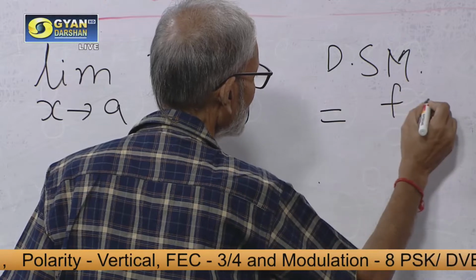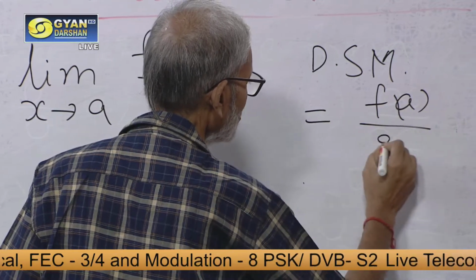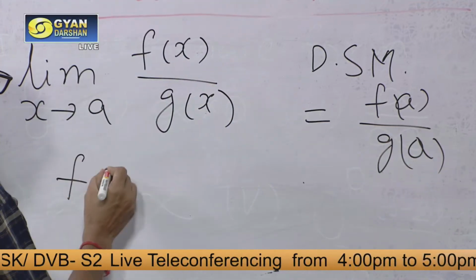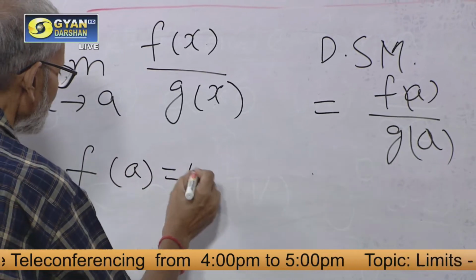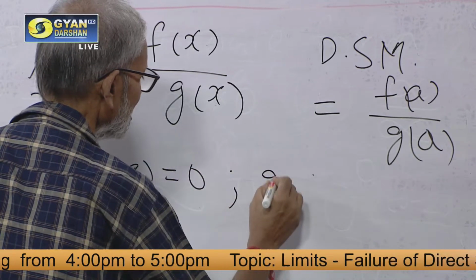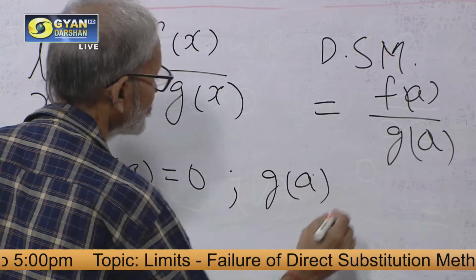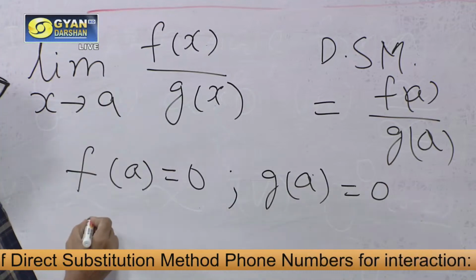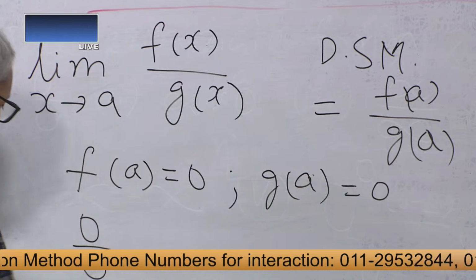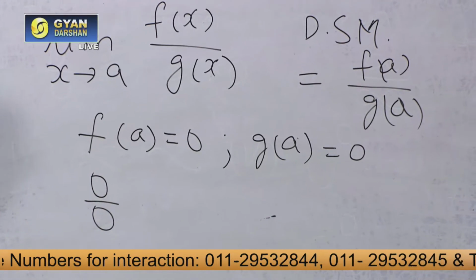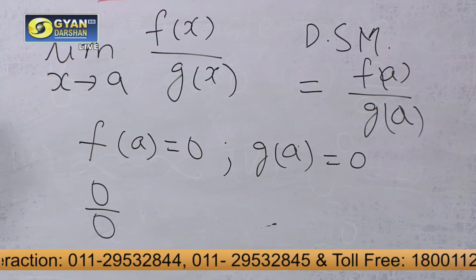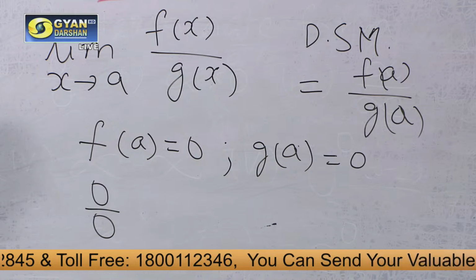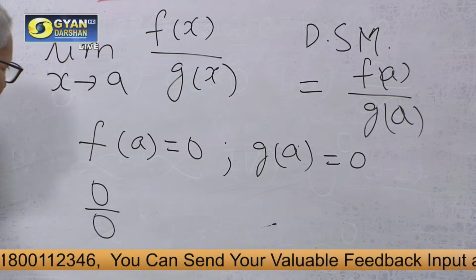So, it will be equal to f a upon g a. But suppose f a is 0 and g a is also 0. In that case, this limit will turn out to be in the form of 0 by 0, which is indeterminate. So, you cannot solve it by direct substitution method. Then we solve it by factorization method.